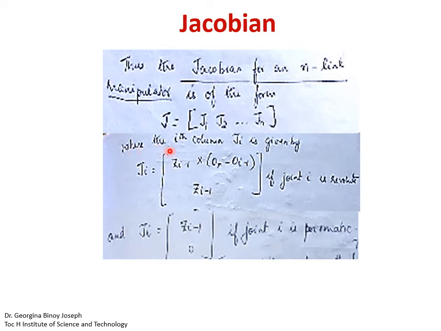The ith column of the Jacobian Ji is given by Zi minus 1 cross On minus Oi minus 1 and Zi minus 1, if the joint i is revolute. If the joint i is prismatic, then Ji is very simple: it is Zi minus 1, 0. So this term is the Jv term and this term is the J omega term. Here again is the Jv term and the J omega term.